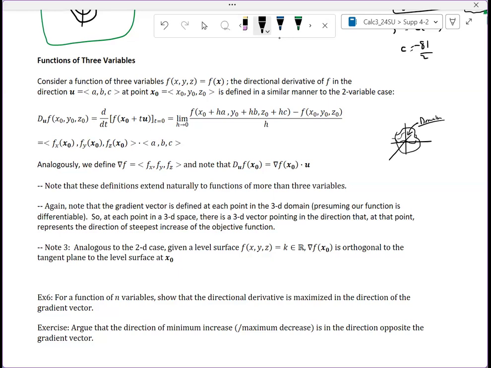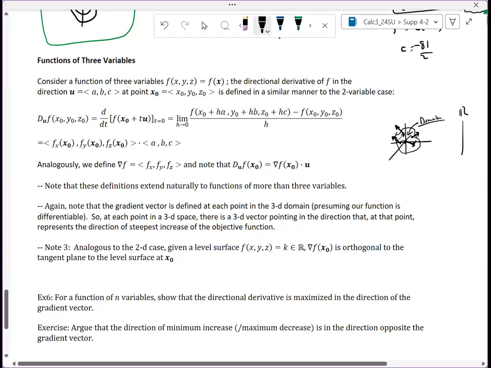Well, here, at each point in 3 dimensions, we have a vector that represents the gradient, that represents the direction of steepest increase in this 3-dimensional domain. Remember, we're thinking we have 3 inputs that are being mapped over to an output variable.